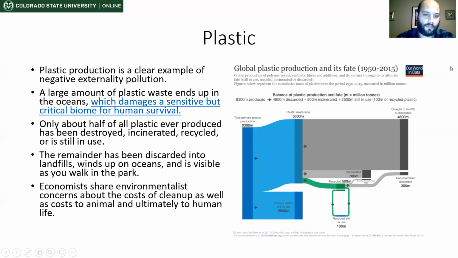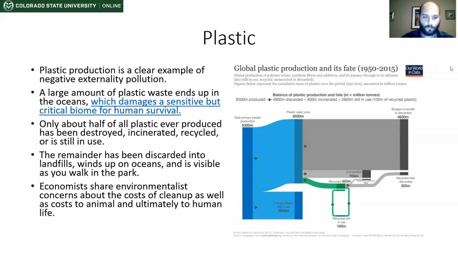Plastic production could be a clear negative externality because it produces this waste which doesn't go away. It needs to be incinerated or dealt with in some other way. A large amount of that is not dealt with properly and ends up in oceans, landfills, and other places.